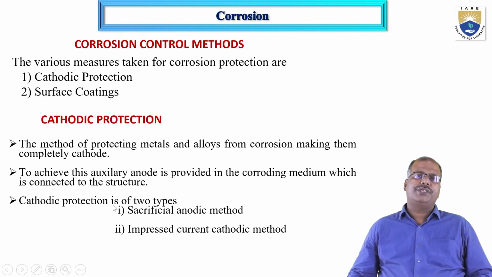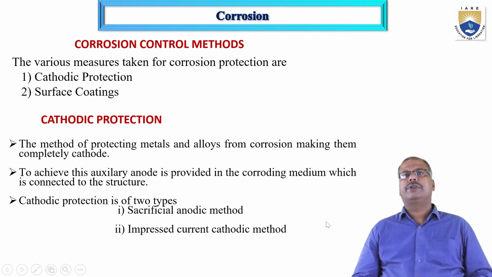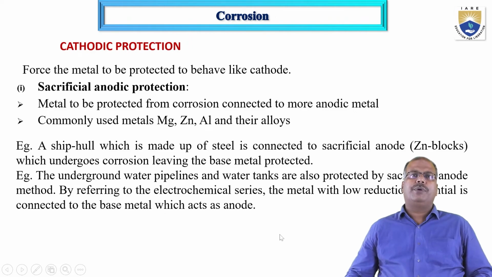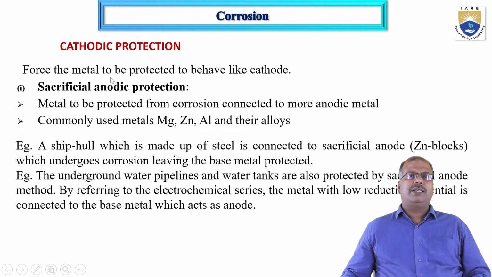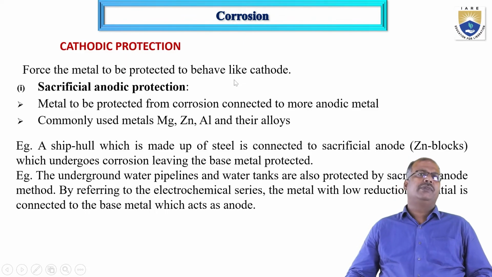Cathodic protection is of two types. One is the sacrificial anode method, another one is the impressed current method. So what is cathodic protection? It forces the metal to be protected to behave like a cathode. First, sacrificial anodic protection. The metal to be protected from corrosion is connected to a more anodic metal.